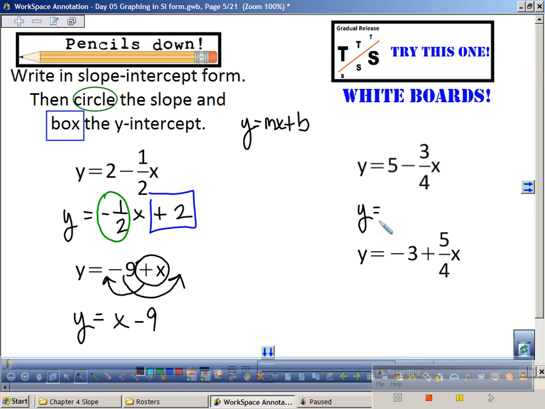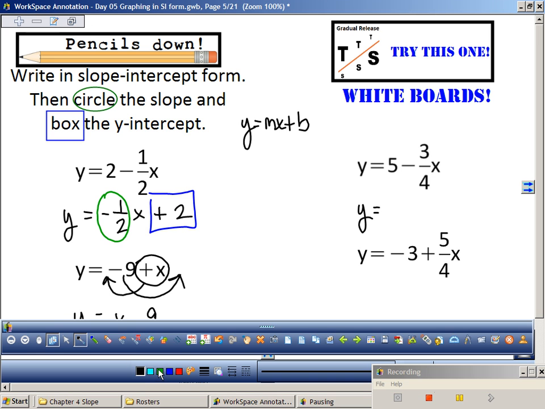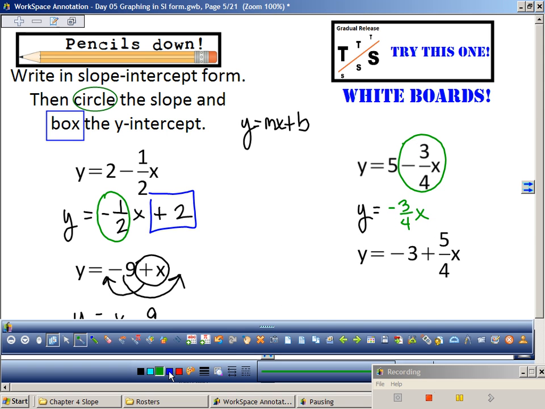Y equals what? Okay, I'm not getting enough people engaged, so we do need to get our whiteboards out. So get your whiteboard out and show me y equals mx plus b with this one, please. Okay, so most of you realize that my slope needs to be in front, and my y-intercept needs to be in back.